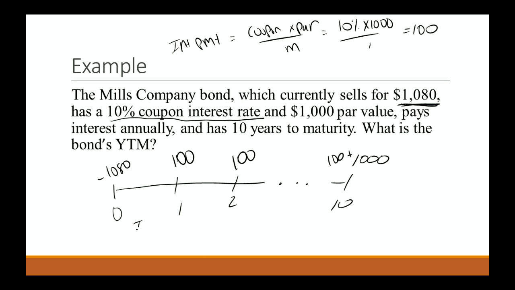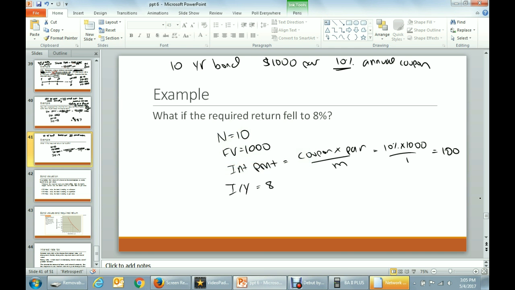So we're wanting to solve for I/Y. Our N is 10. Our present value is a negative 1,080. Future value is the face value of the bond of 1,000. And the payment is $100. So let's solve for I/Y.